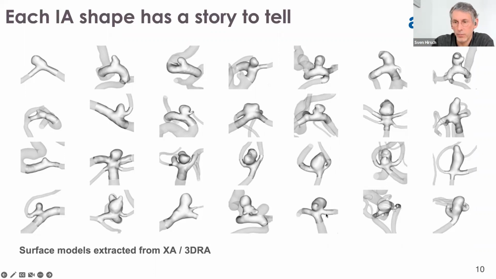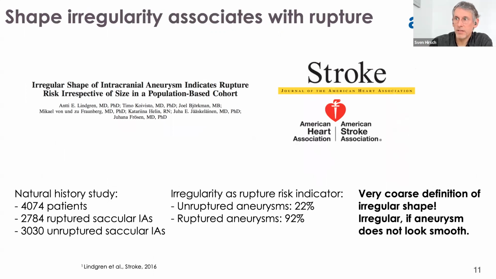And the question we had, the first hypothesis we followed, is whether shape or irregularity could be a feature that tells us how at risk an aneurysm is. There was previously also some evidence from a paper in Stroke that showed that yes, irregularity had some effect.